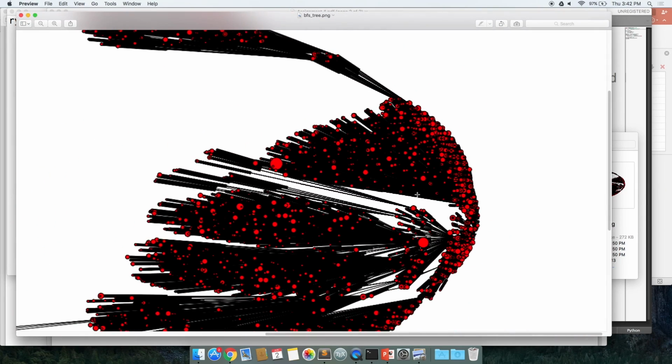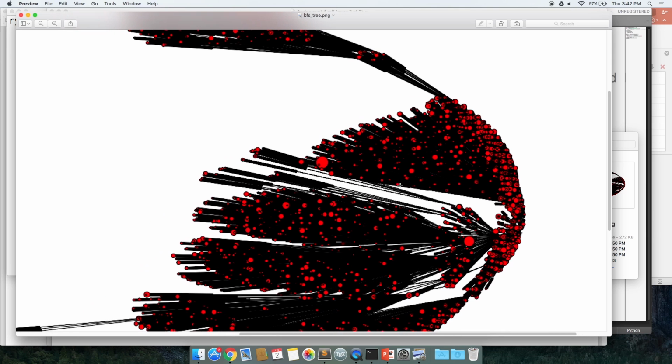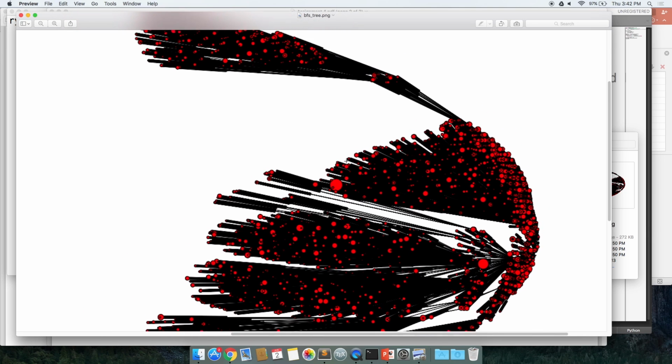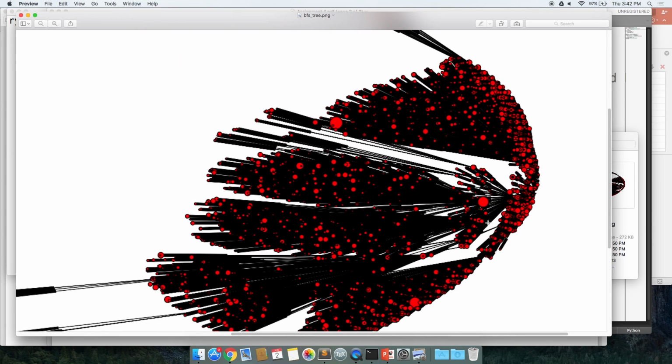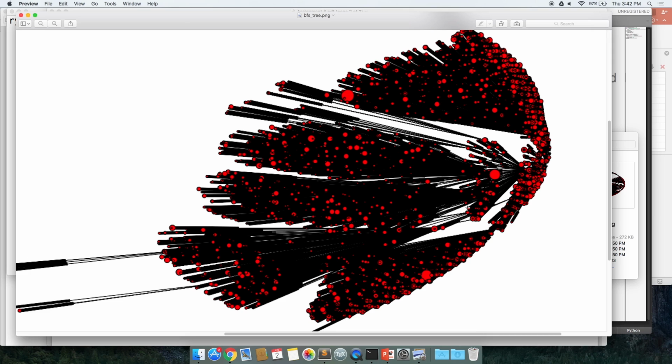And it's actually really, really cool. The starting vertex, I believe, is over here somewhere. Some vertices are larger, some are smaller, and each one is based on how many edges it's connected to. Since this is a directed graph, I think NetworkX considers it as in-degree and out-degree.